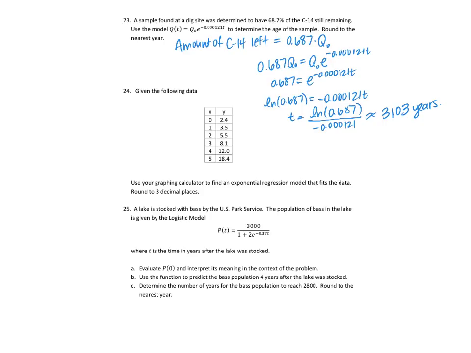In list 1, I'm going to put 1, 2, 3, 4, 5. And in list 2, 2.4, 3.5, 5.5, 8.1, 12.0, and 18.4. And then I'm going to go Stat, Calculate, and I want to do an exponential regression.